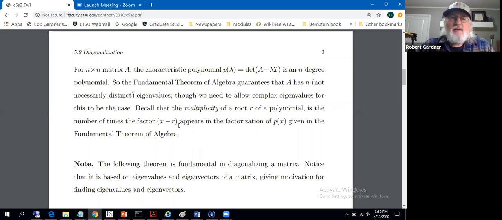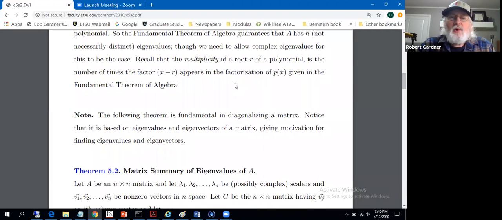When we were dealing with that example of finding eigenvalues, 4 was the only eigenvalue, but it had multiplicity 3 because the characteristic polynomial factored as x minus 4 cubed. So we'll run across this multiplicity idea again, and it will be related to when we can and when we can't diagonalize a matrix.